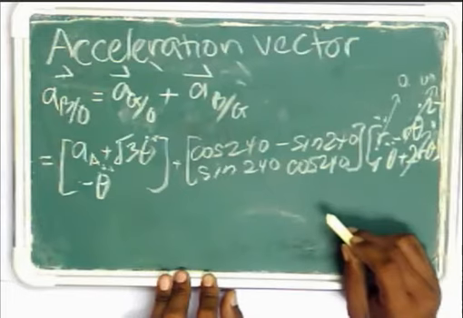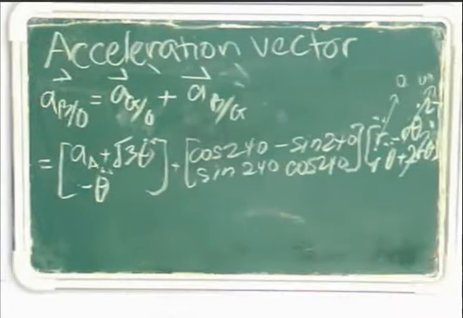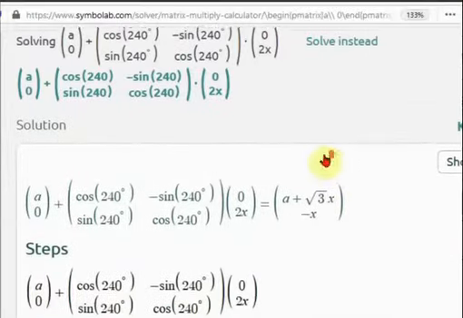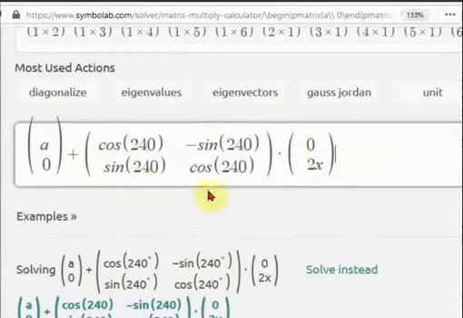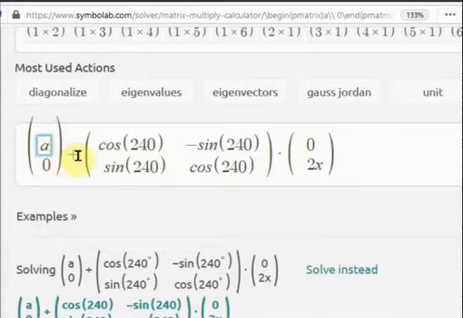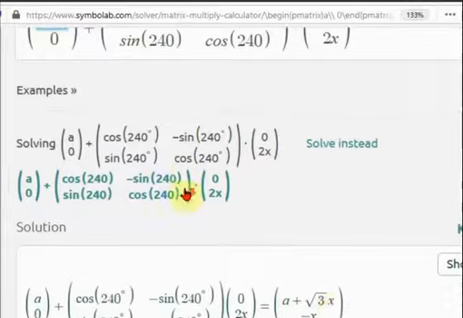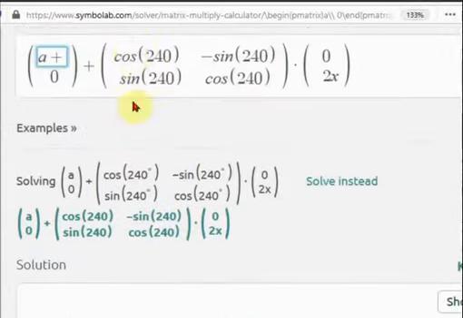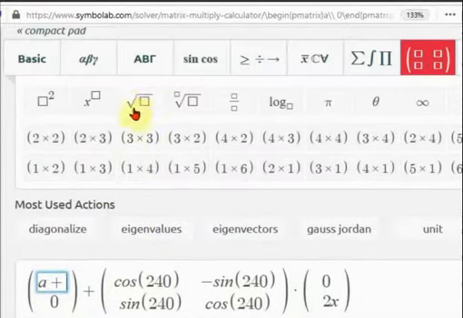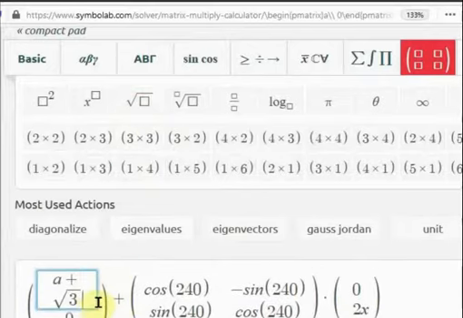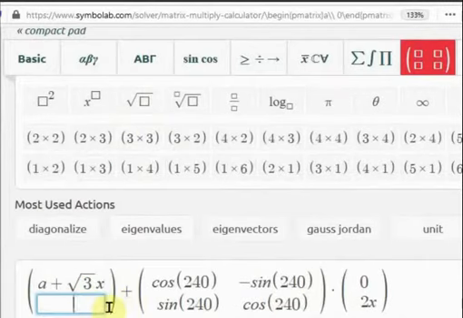And we can write this equation inside the Symbol Lab software. So I share the software here. We have A plus square root 3 x, and then here we have minus x, same with the right-hand side.